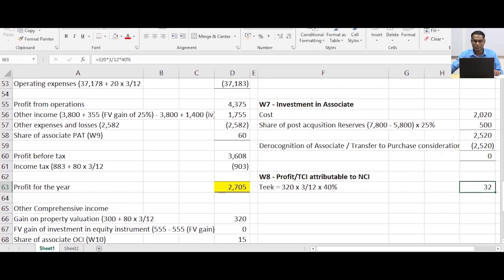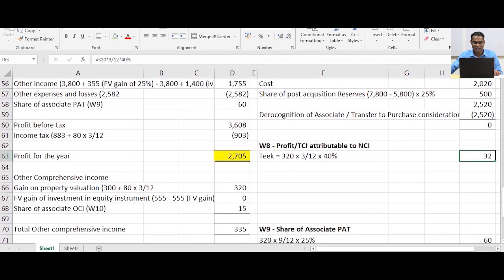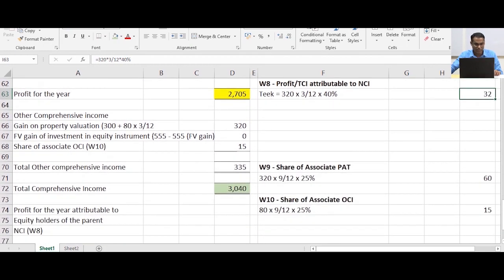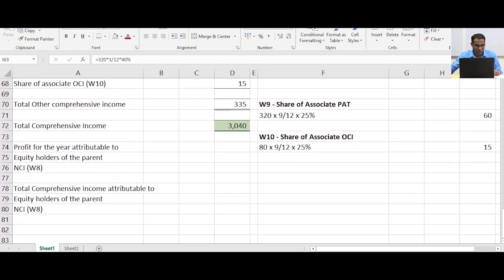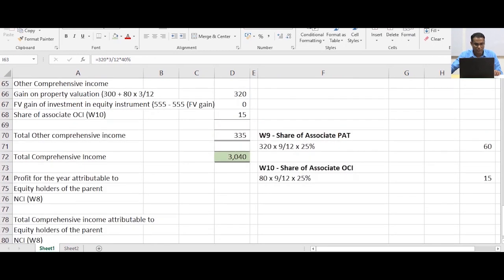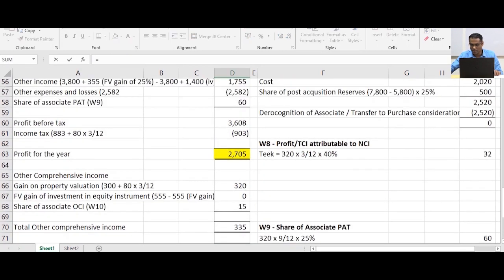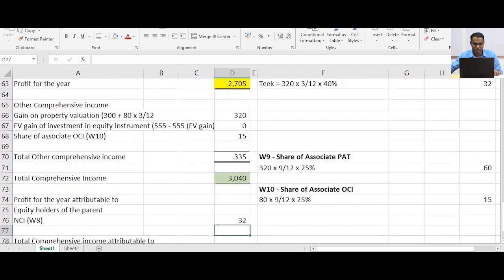How much? 32. So the profit attributable to NCI is 32. I can easily take that number here. Profit for the year attributable to, I would say, non-controlling interest, working number 8. I can easily take the number here, 32. Profit attributable to non-controlling interest.